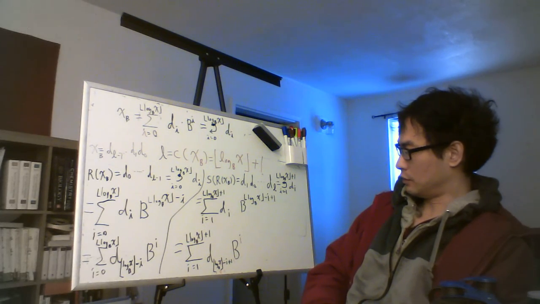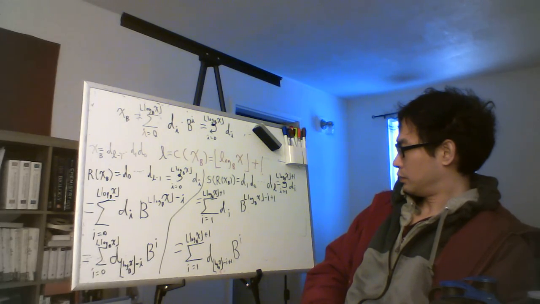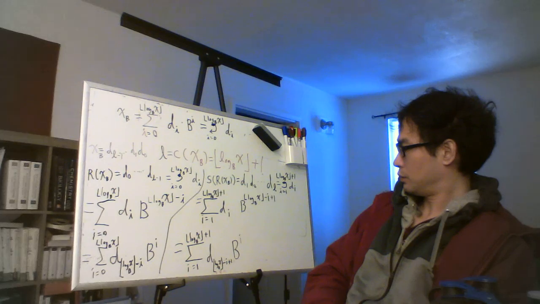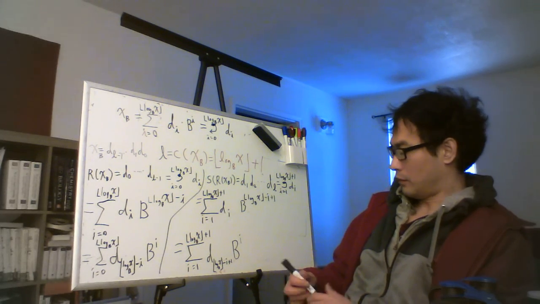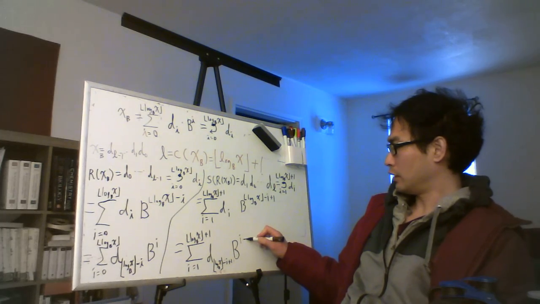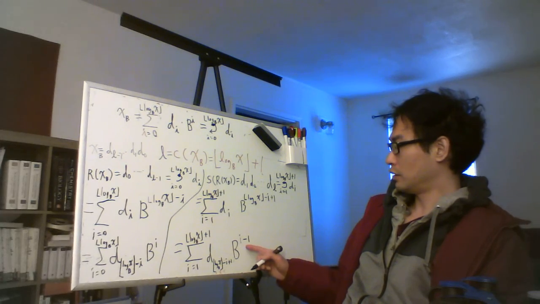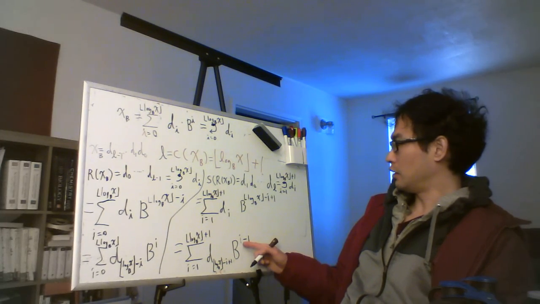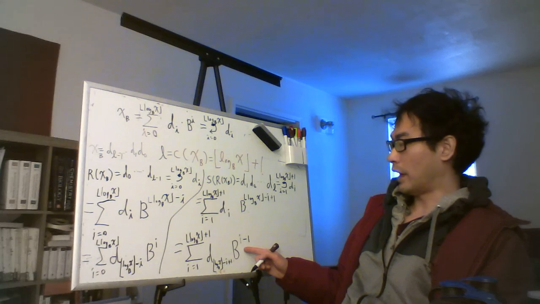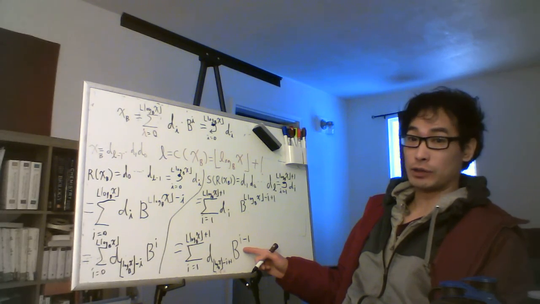I'm confused. Oh, shoot. First of all, I think this should be i minus 1, because the exponent of b should range from 0 to L minus 1.